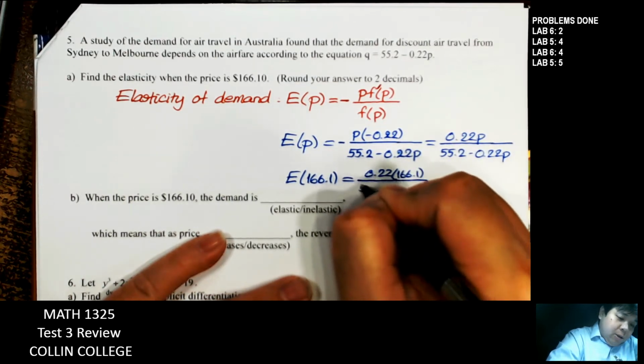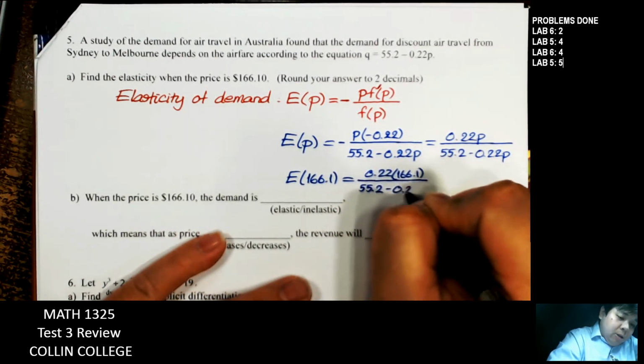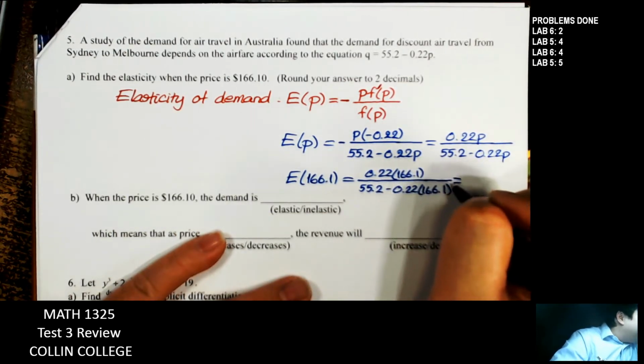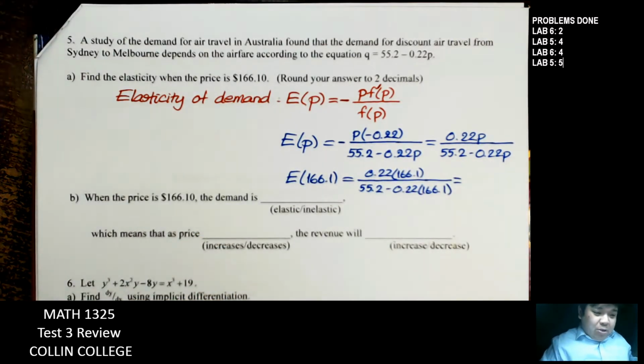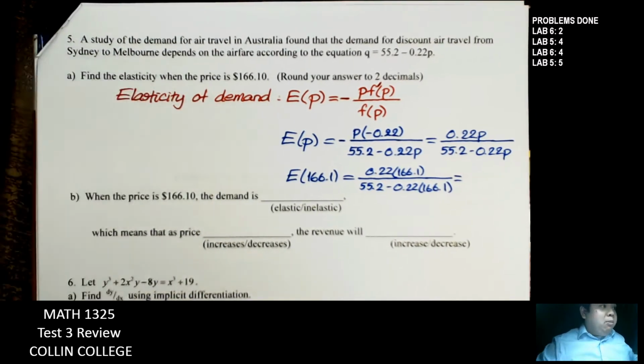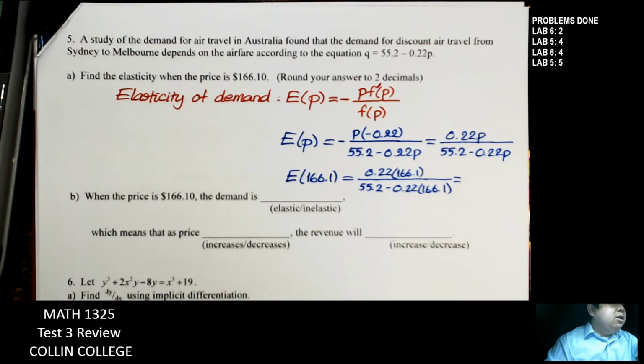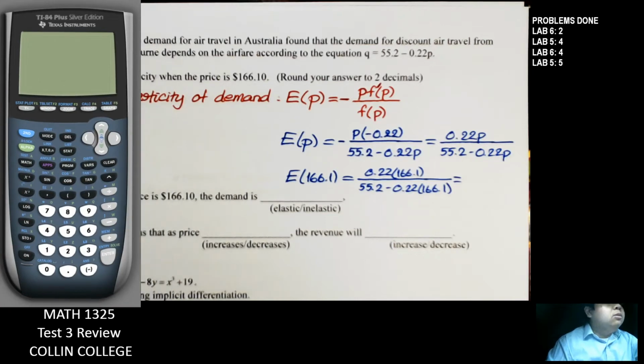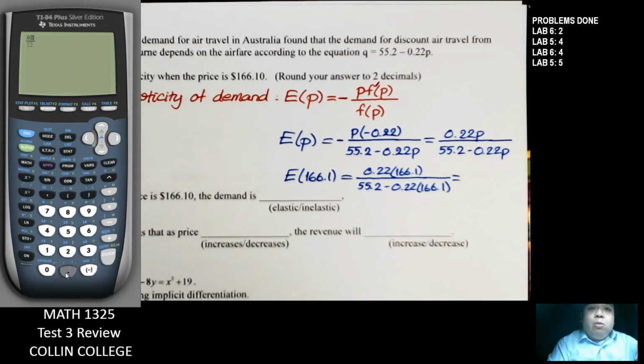So, at 166.1, just check, make sure the number is not too small. Right, so we just do that math on the calculator. Let's quickly do this.